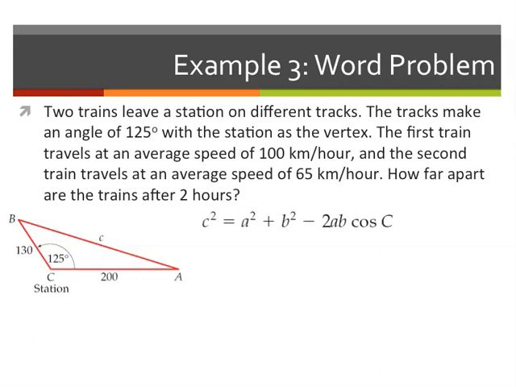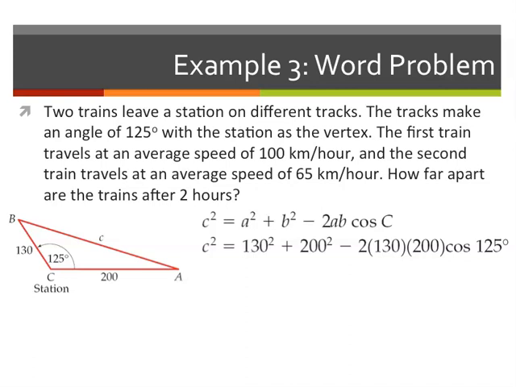We'll plug in for A. So A is the one that's across from angle A, so that's 130, so 130 squared, plus B is across from angle B, so that's 200, so 200 squared, minus 2 times 130 times 200 times cosine 125 degrees. Again, if you want to, you can plug that entire thing into the calculator.